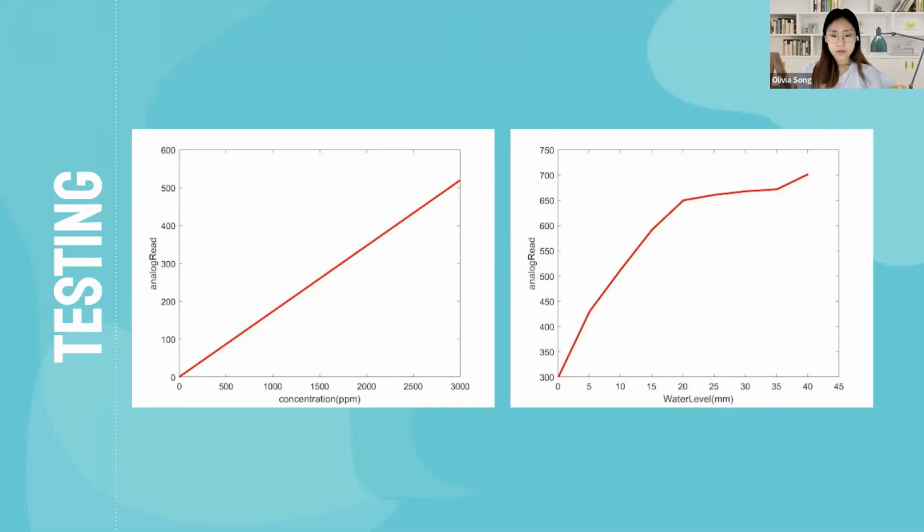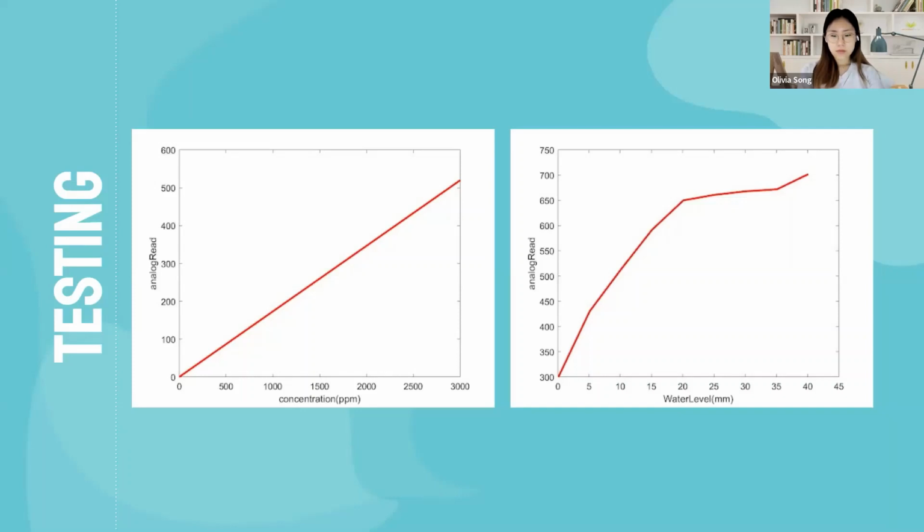We added a quarter teaspoon of salt, and it was already beyond what the sensor could read. So if we wanted to improve our project, we would need to find a better sensor that could read a higher concentration.